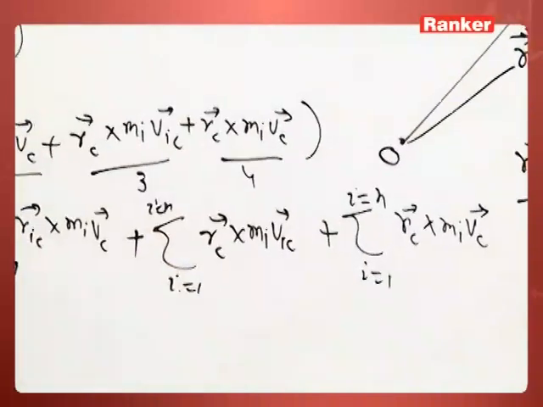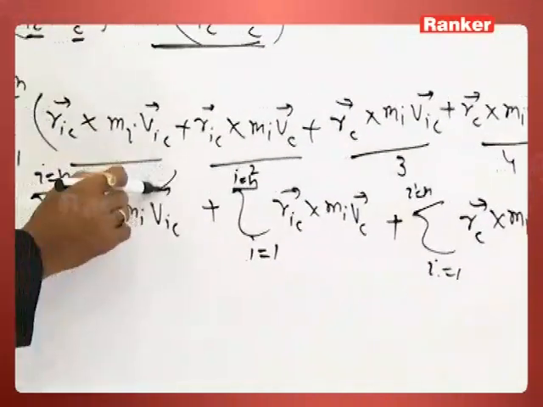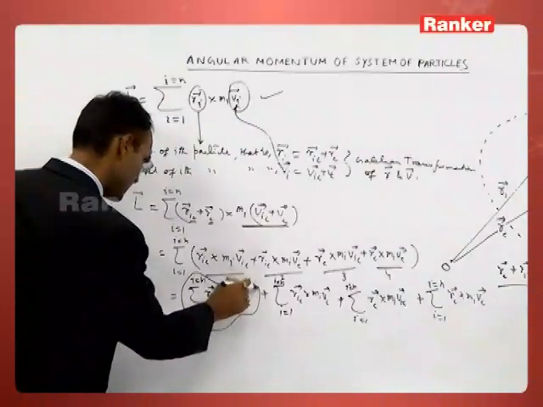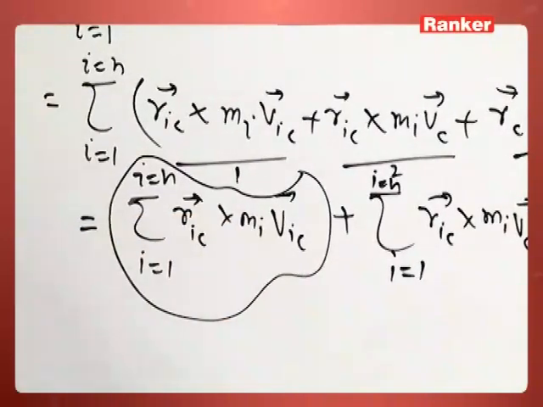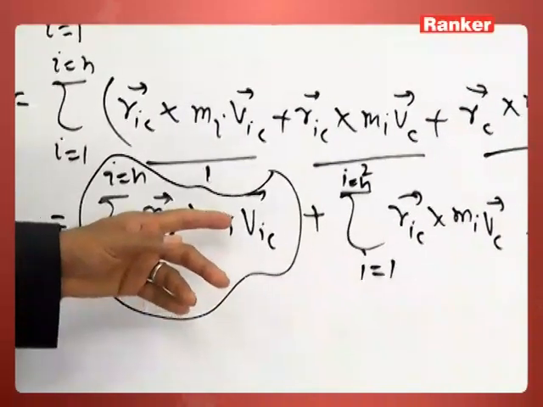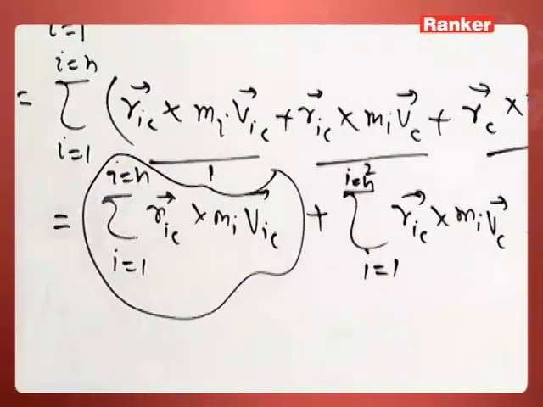Fourth term. Let us clarify the first term: r_ic cross m_i v_ic.